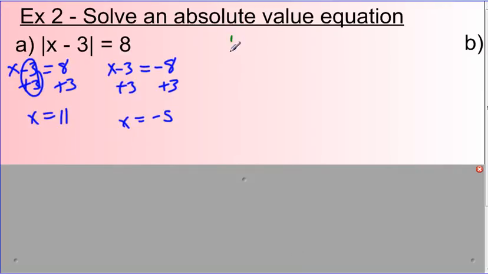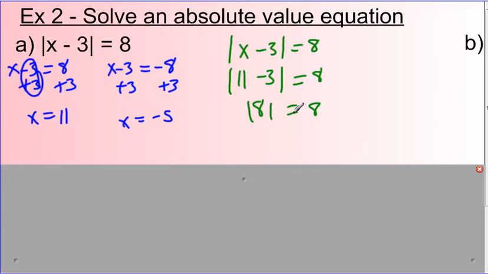So if I plugged in, let me write down the problem first. If I plugged in the 11 minus 3, I'm saying if I do this math, I'm going to get 8 equals 8. 11 minus 3 is 8. The absolute value of 8 is 8. So 11 worked as one of my solutions.